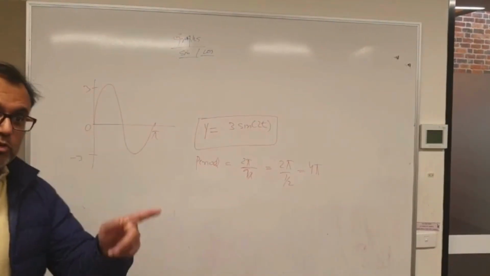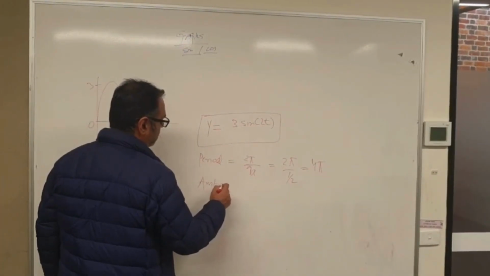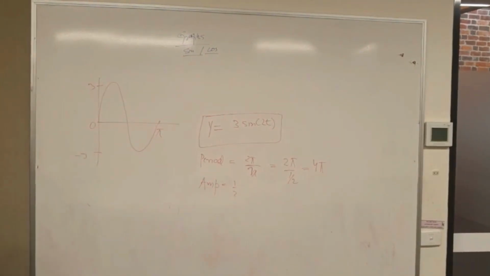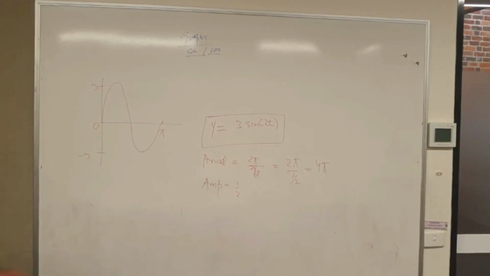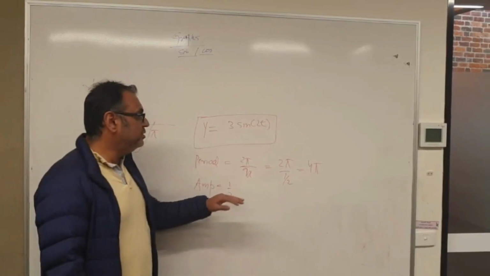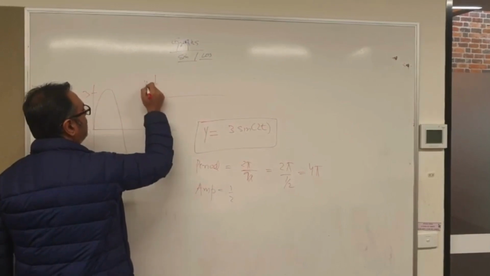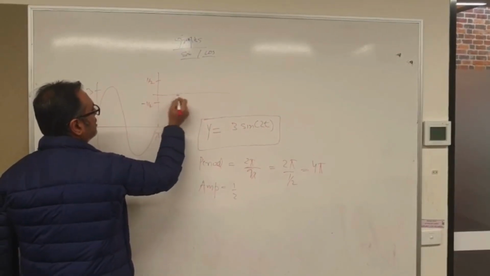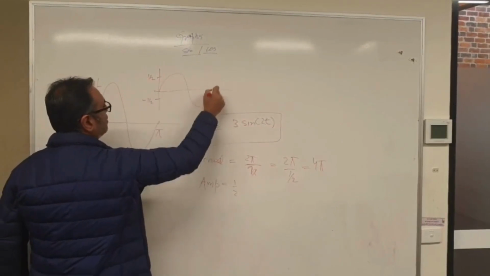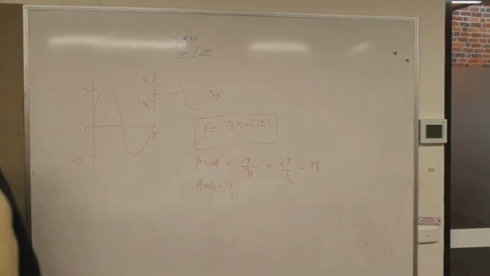What is the amplitude of this graph? 0.5. Half. The amplitude is half. Amplitude is half, period is 4 pi. I need to draw one cycle. Half here, minus half here. This is a sine, and it finishes at 4 pi.